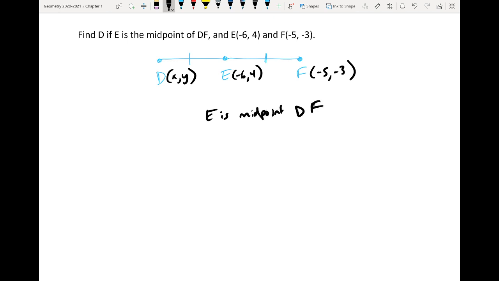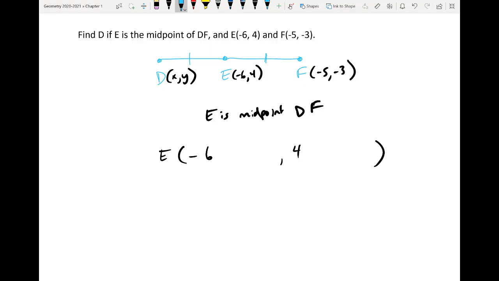So if this is the case, we already know the midpoint. We know that E is equal to negative 6, and I'm going to leave some space here, watch what I do, comma 4. I'm doing this on purpose. Now remember what our formula was here, right?